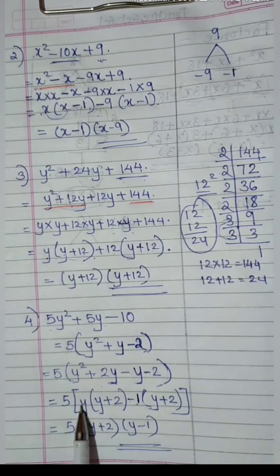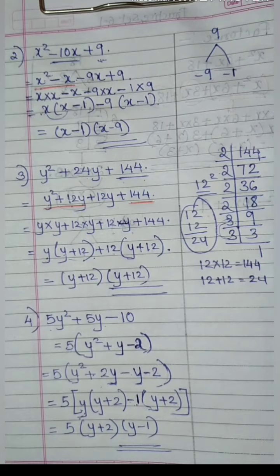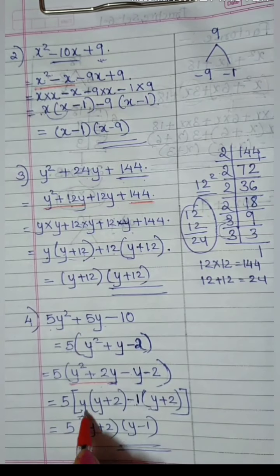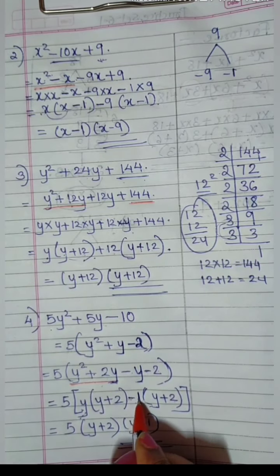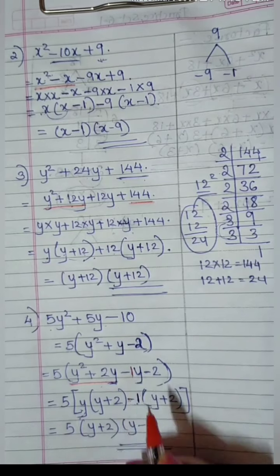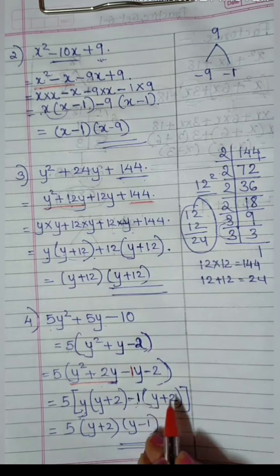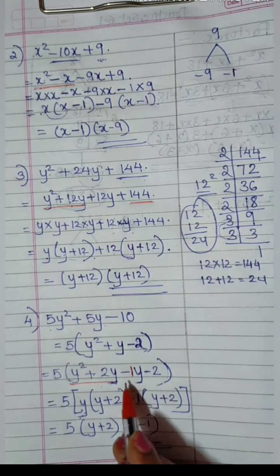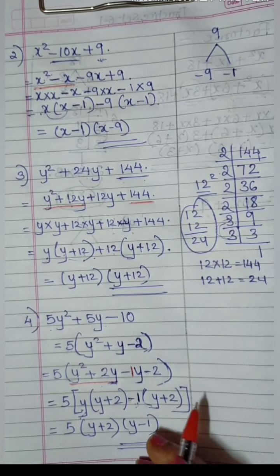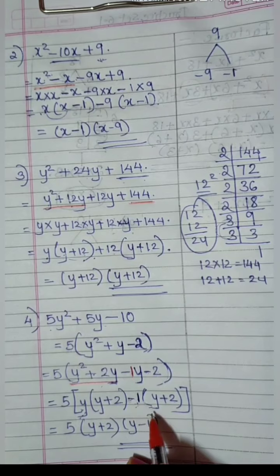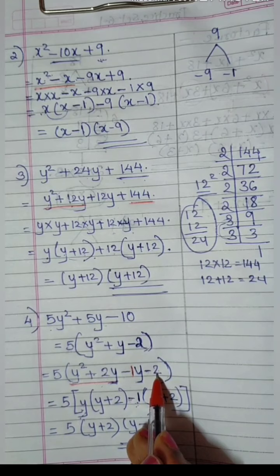Afterwards y into y is y square, y into 2 is 2y, minus 1 we have taken in this place, and 1 into y is 1y, and minus sign is here, so minus plus will become minus. 1 2 is 2.